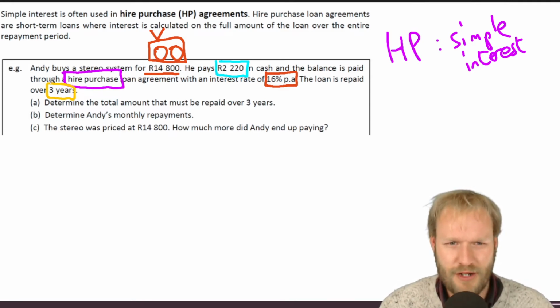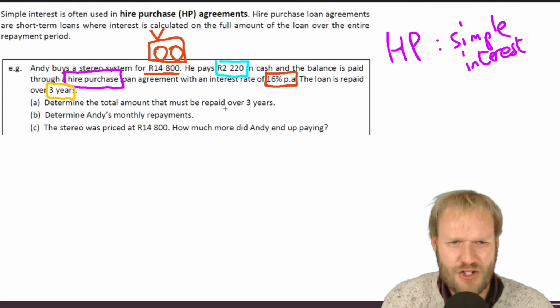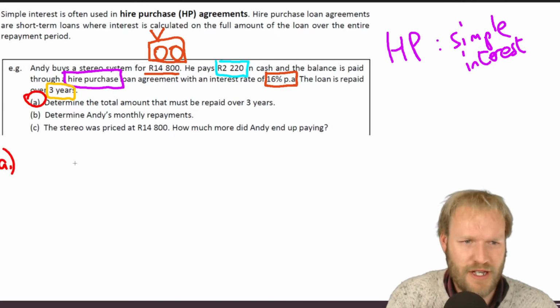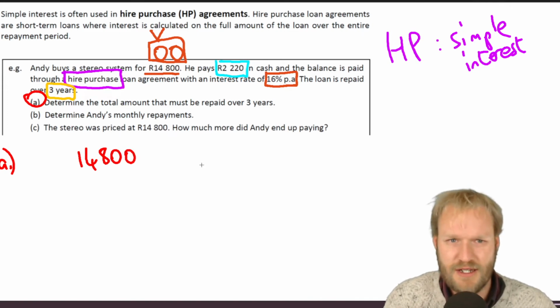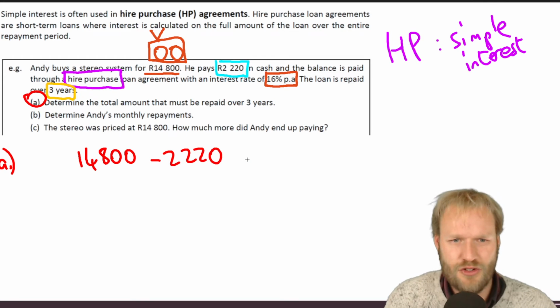Determine the total amount that must be repaid over 3 years. So how do you find out how much Andy still has to pay? How much is the loan going to be for? Well, let's dive into it. So for question A, the stereo costs 14,800 and he's already paid 2,220.